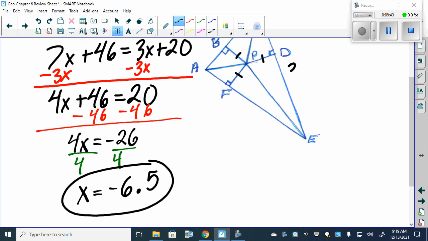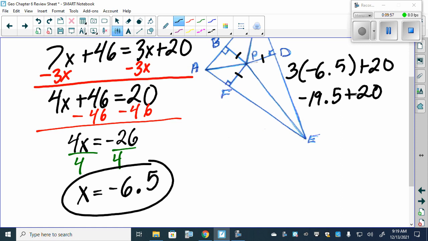Now, if we plug this back in, 3 times negative 6.5 plus 20. 3 times negative 6.5 is going to be negative 19.5 plus 20. And negative 19.5 plus 20 is 1/2 or 0.5. So our length would be 1/2.